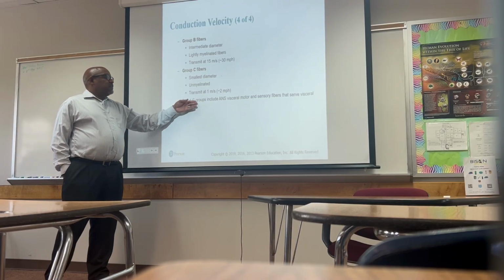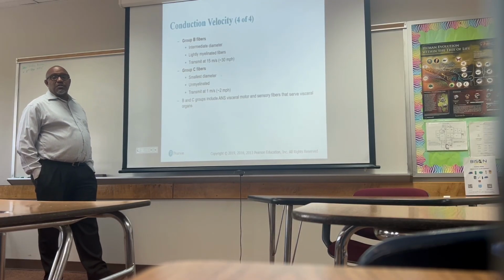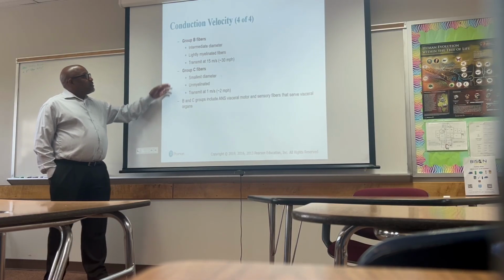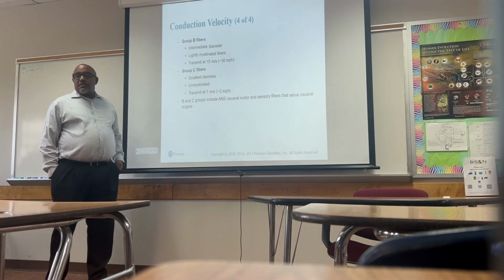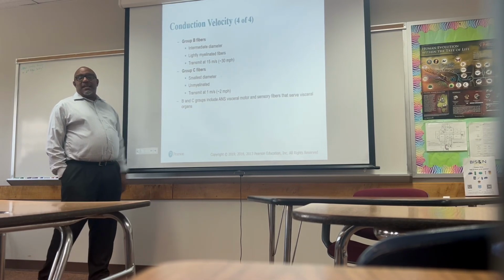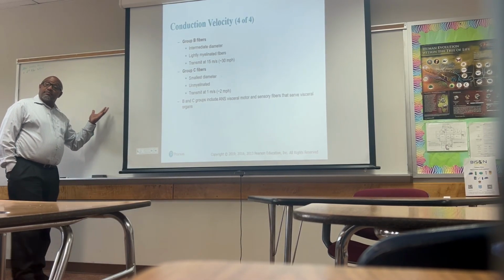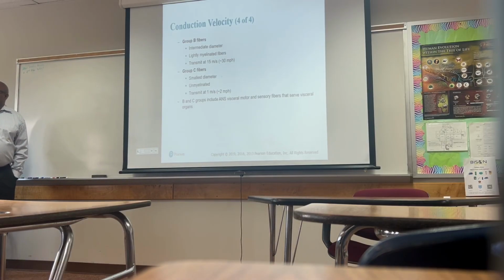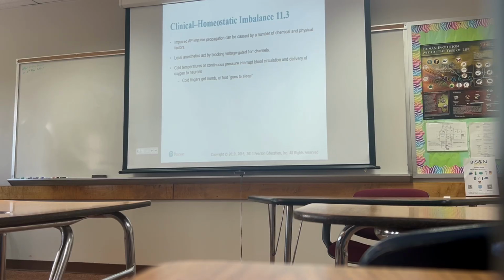Group C is about 2 miles per hour, real slow. Group C are unmyelinated. B are lightly myelinated. A, of course, are heavily myelinated. And those are the three groups that these fibers fall into. But all you need to know is A is the fastest, C is the slowest, B is somewhere in between.